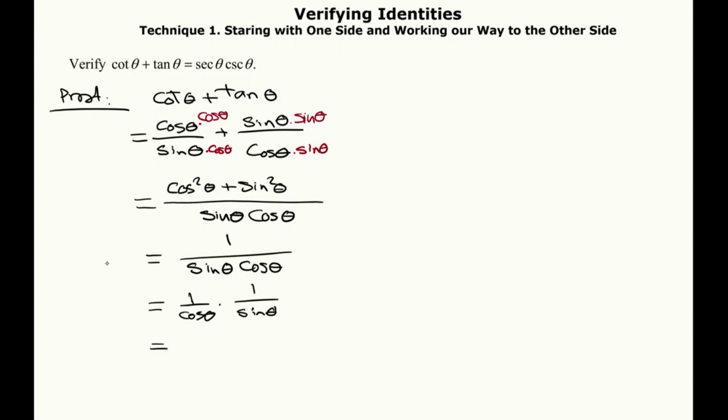So basically we know 1 over cosine theta is secant theta, and we also know that 1 over sine theta is cosecant theta. And we are basically done. We started with the left side, and through some legal maneuvers we ended up with the right side, so we are finished. Make sure you can do that on your own before you continue.